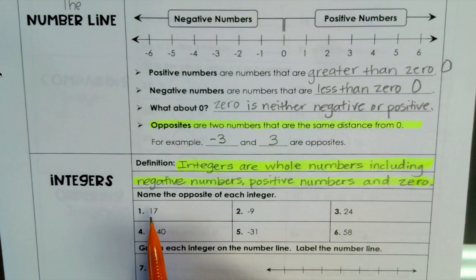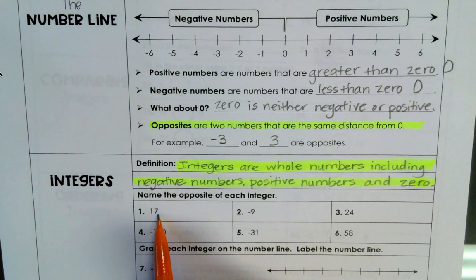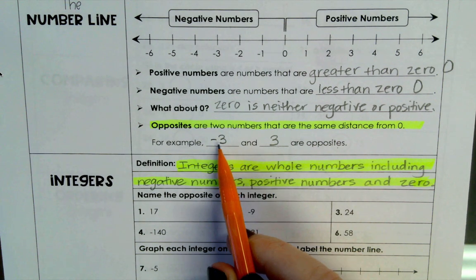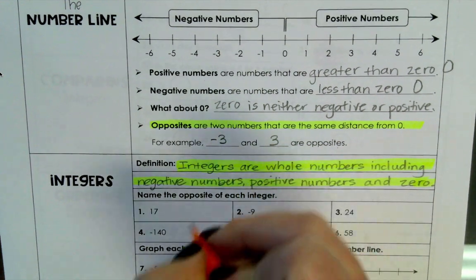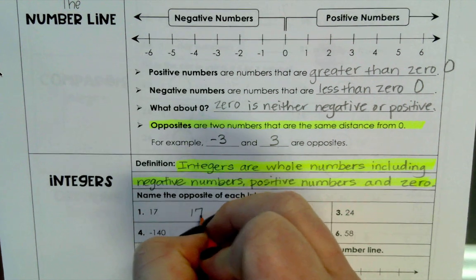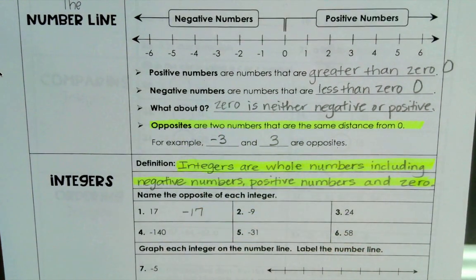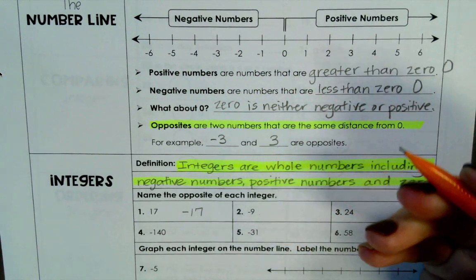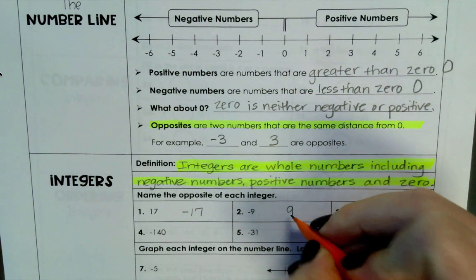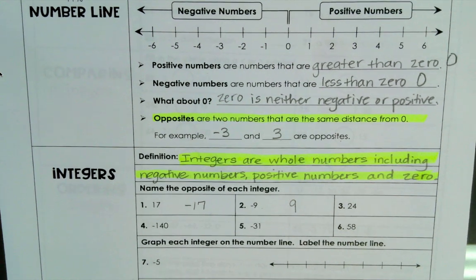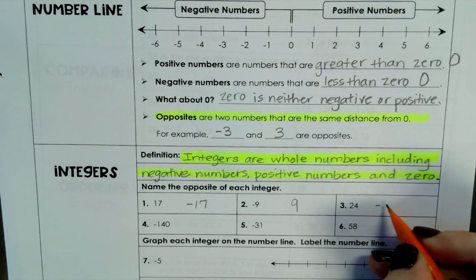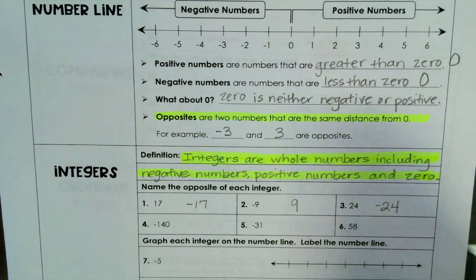So integers, the opposite of each integer. So number 1, I have +17. Well, if I'm looking at my example here of +3, all I did was write the same integer, and then I just added negative, okay? So if I have -9, the opposite is +9. If I have +24, the opposite is -24, okay?